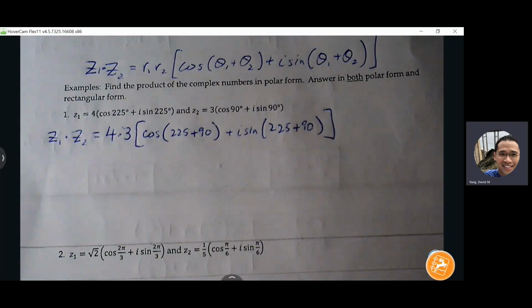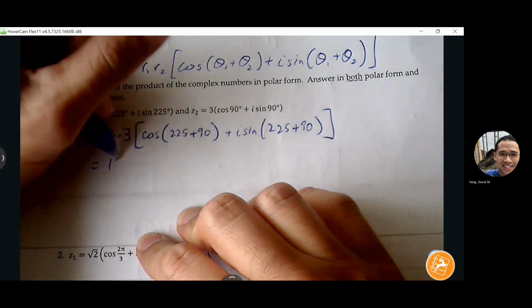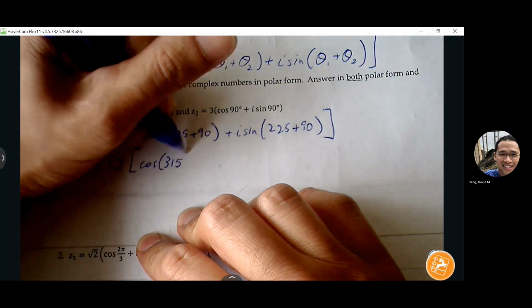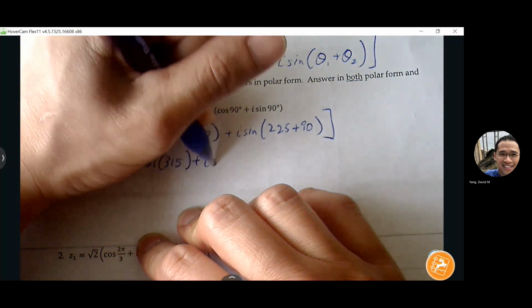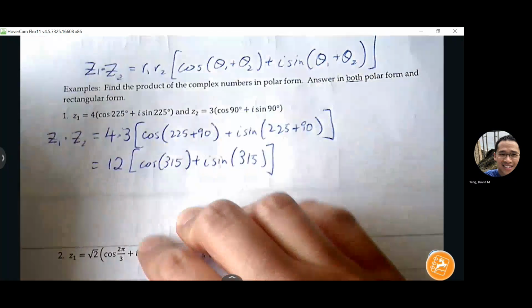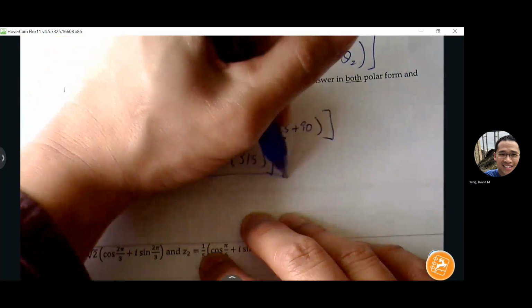All right, any questions so far? All right, so 225 plus 90 gives me 315. So this is polar form for my answer.